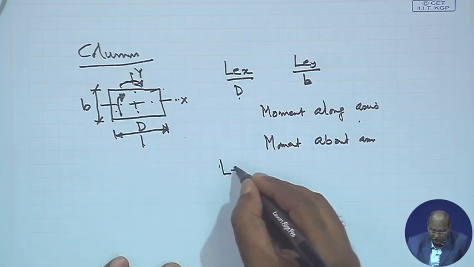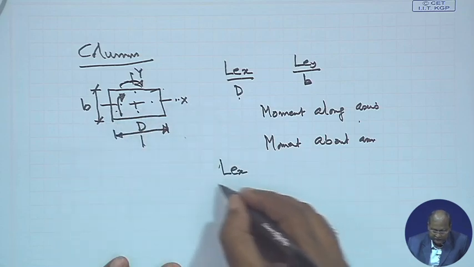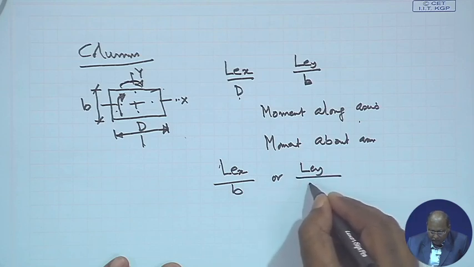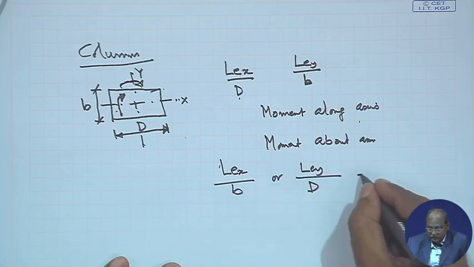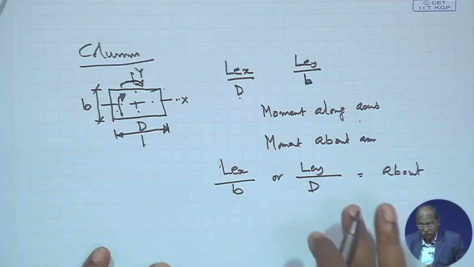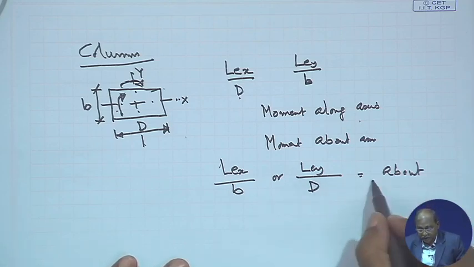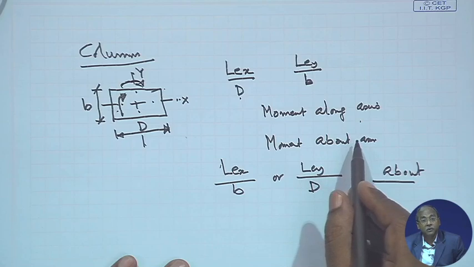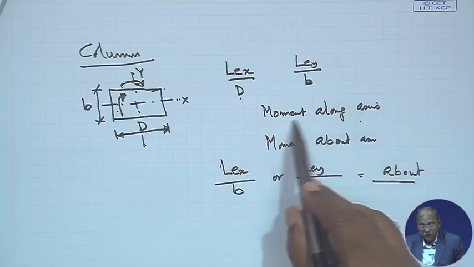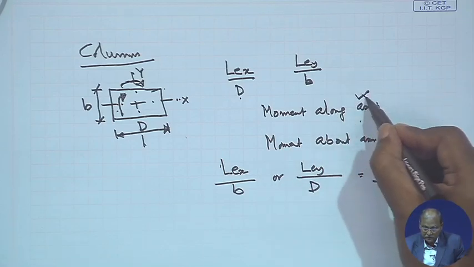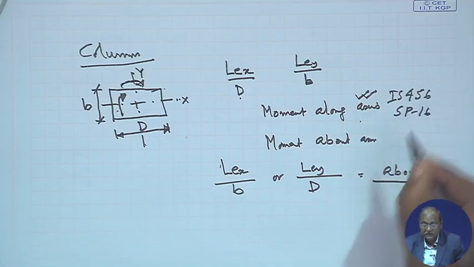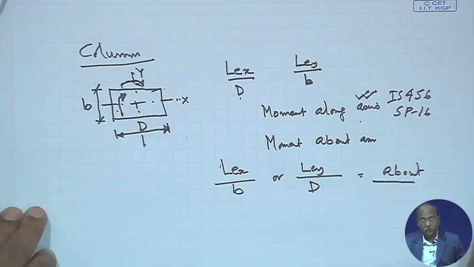But if we consider this way, Lex by B or Ley by D, that means we are considering about the axis. So you should know which one you are considering, because in analysis we consider about, and the convention they follow, though they are actually using about only, is to mention along. So this is as per IS 456 or SP 16.